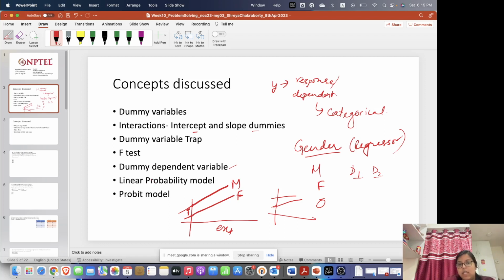We also learned about the dummy dependent variable. Instead of the response variable being continuous as it has been for so long in the previous lectures, what happens if we have the response itself as categorical, let's say a male female thing, or a yes no kind of thing, or some disease status, diseased or otherwise healthy?